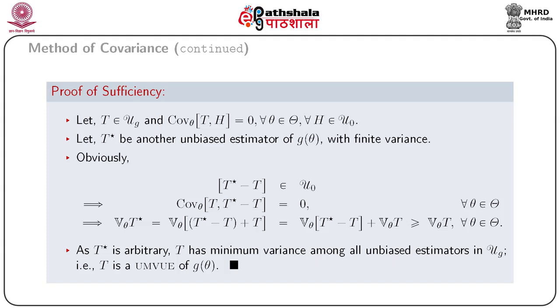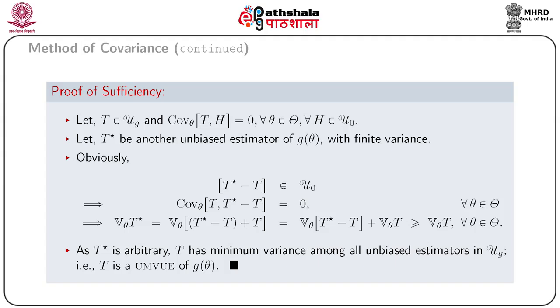Let us define h* = T* − T. Then E[h*] = E[T*] − E[T] = 0 for all θ, which implies that h* belongs to U₀. Then Cov(T, h*) = 0 for all θ, which implies that Cov(T, T* − T) = 0 for all θ.